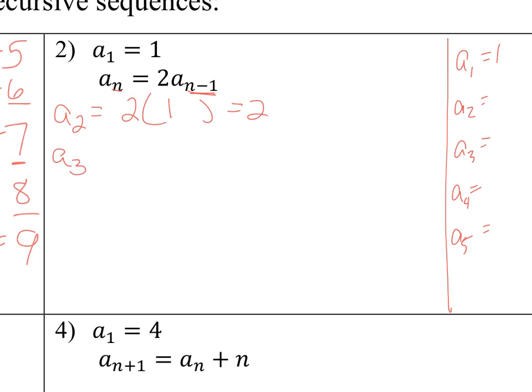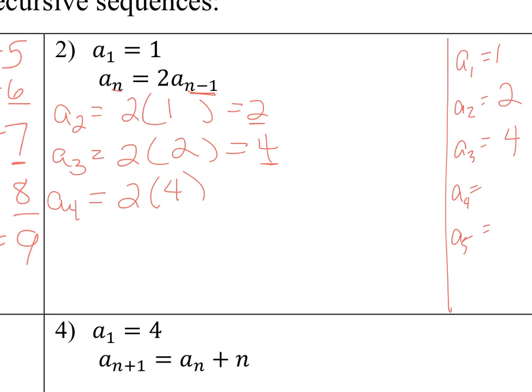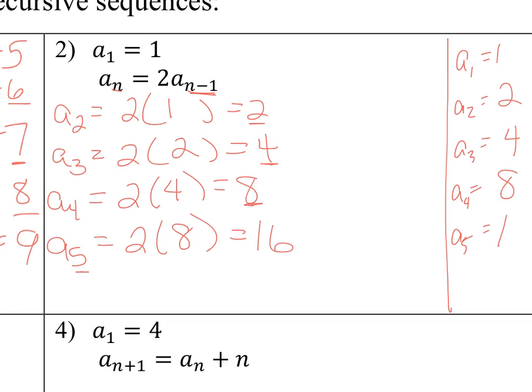A sub 3, 2 times the one before, so that's 2 times 2, which is 4. A sub 4, 2 times the one before, it's right here, 8. Okay, and then a sub 5 is 2 times the one before. So we're on 5, so it's looking at 4, so that's 16.